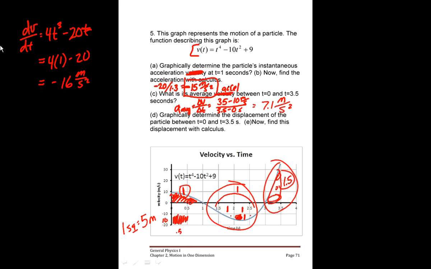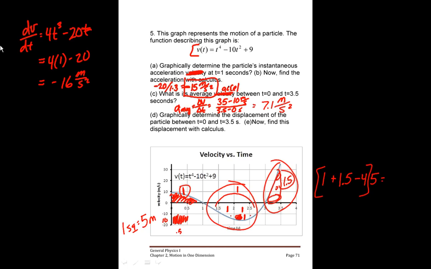So I'm going to say that I have 1, I'm just adding up the number of squares, plus 1.5 minus 4, times the area for 1 square, which is 5. And that should give me my displacement.